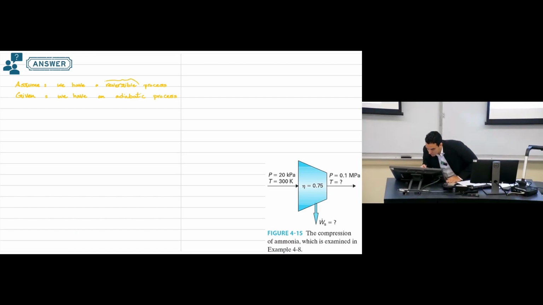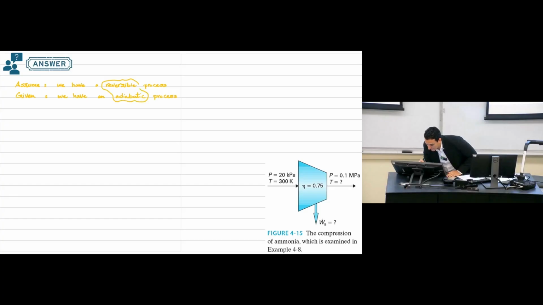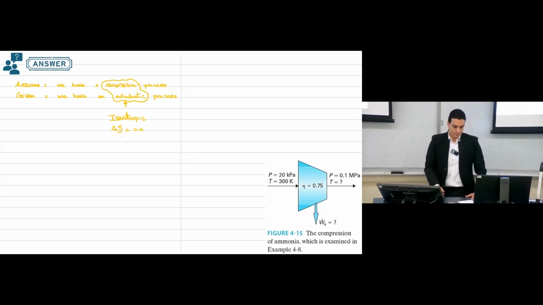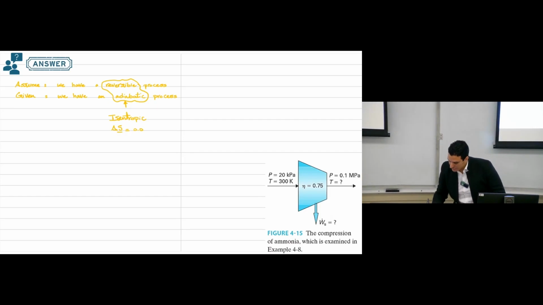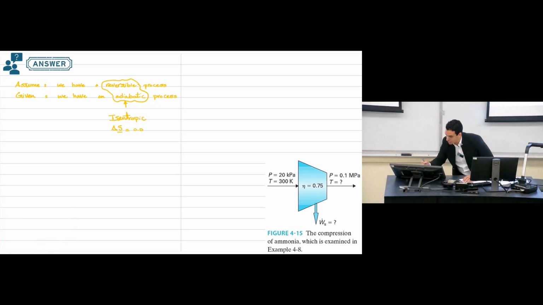These two words together are equivalent to what? Isentropic, yes. Isentropic means the change we have in the entropy is equivalent to 0. So now we can substitute in the entropy change equation, the delta S equation.